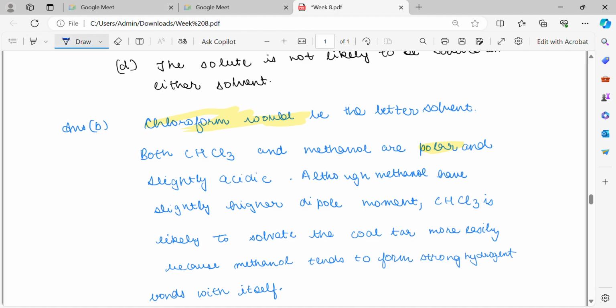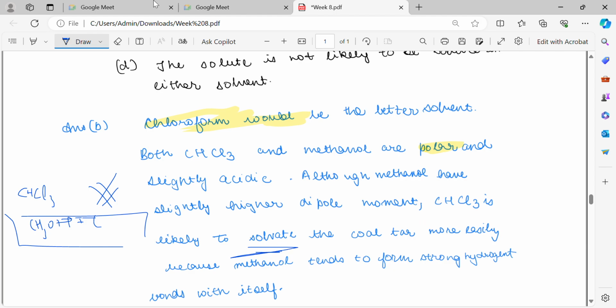So if there is coal tar in CHCl3 and CH3OH, it will try to form a hydrogen-bonded structure, like a hydrate, but CHCl3 is likely to solvate it. So there's solvation happening.